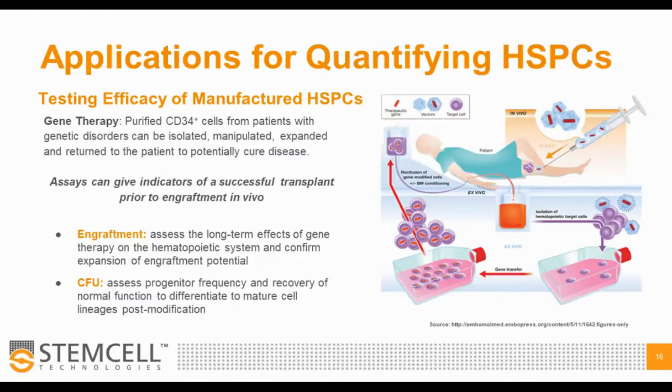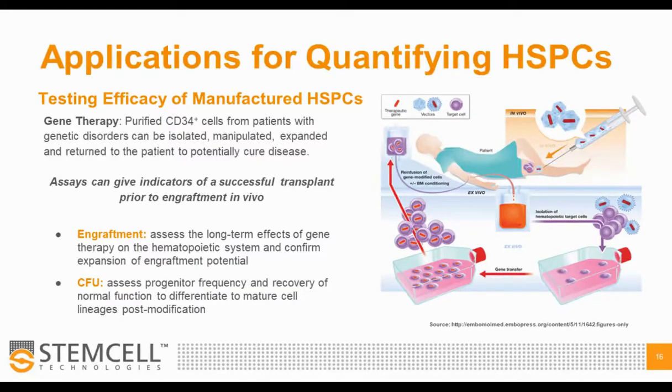You would want to make sure in a mouse model that the expression of whatever it is that you've changed actually is long-term and will be expressed for the lifetime of the individual, but also how much of it needs to be expressed to basically make a change so that it cures the disease. And this can all be confirmed using that assay to confirm expansion of cells that still have that engraftment potential.